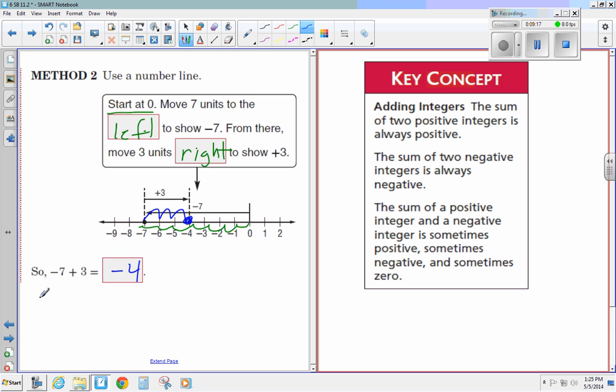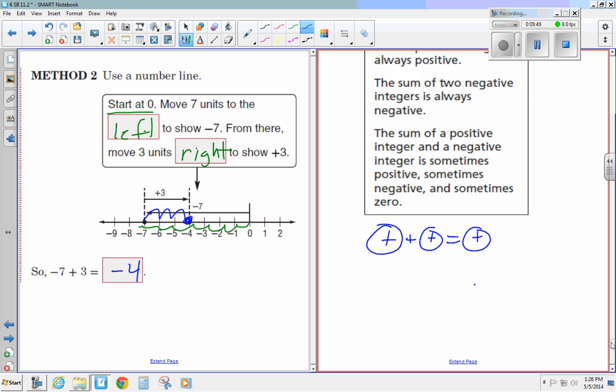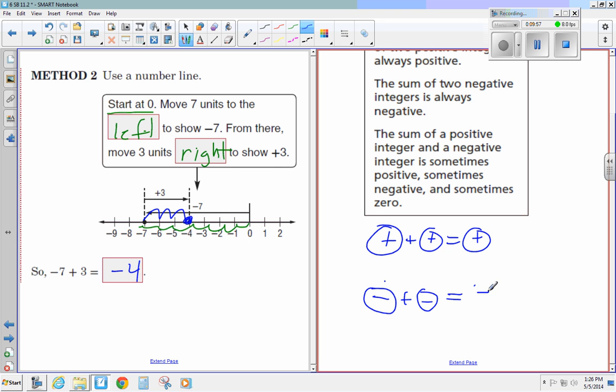All right. Here's a key concept. Adding integers, the sum of 2 positive integers is always positive. That means a positive plus a positive equals a positive. Plain and simple. A negative plus a negative is always going to be negative.